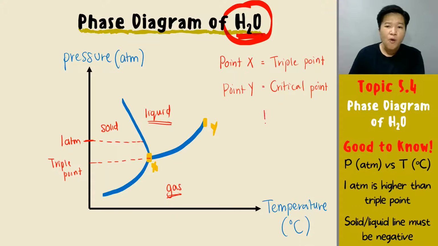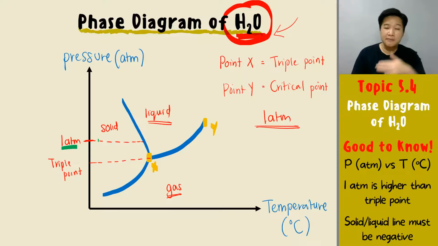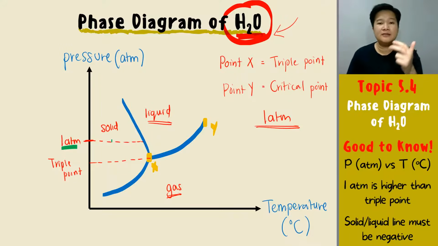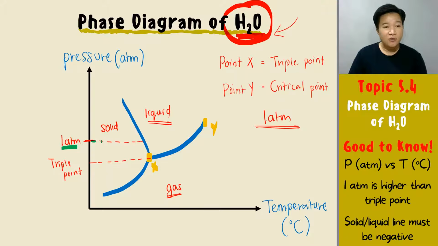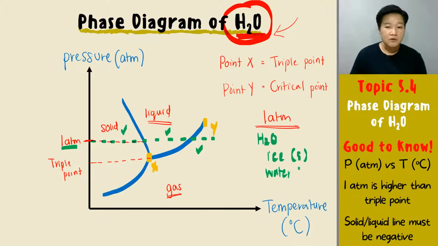So why must 1 atm be higher than your triple point when we are talking about water? Very, very simple. 1 atm is our surrounding right now. So, do we have solid, liquid and gas of water? Yes. Because at 1 atm, it will pass through all three phases. So, at 1 atm, your H2O can be ice, which is a solid. You can have normal water, which is your liquid.